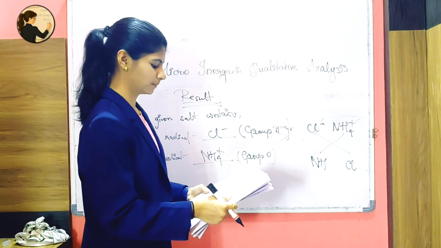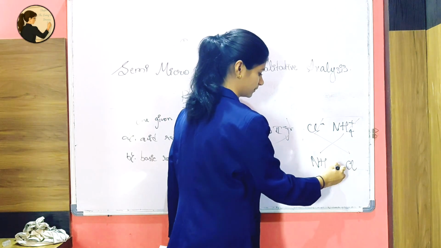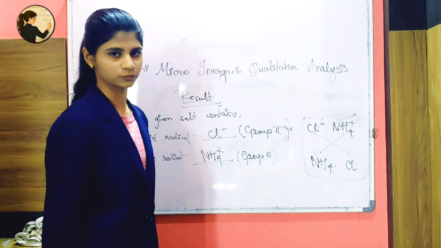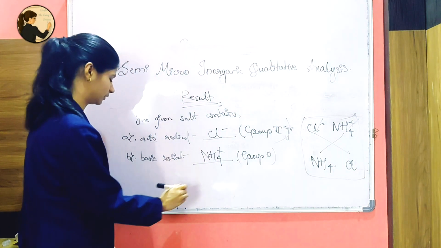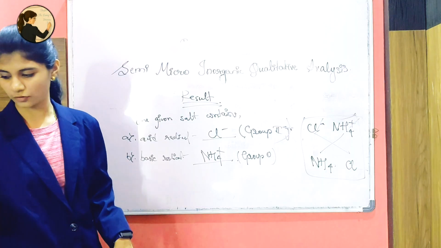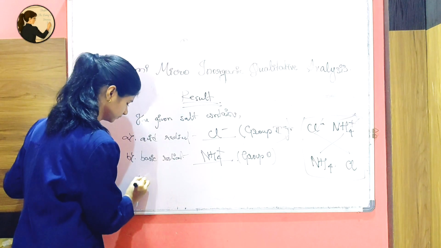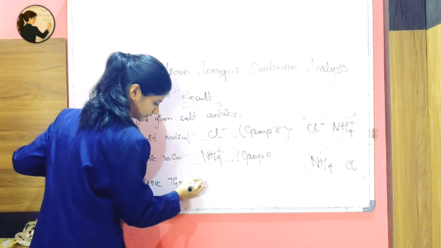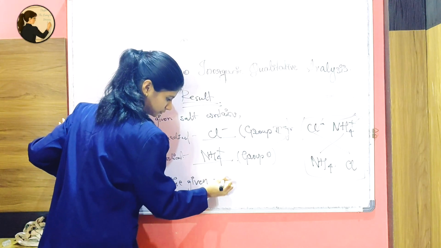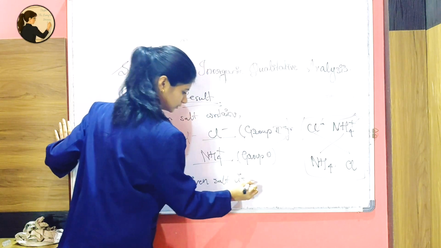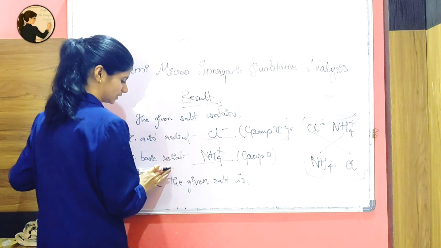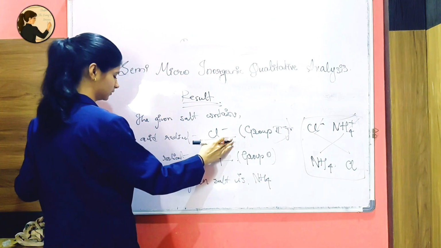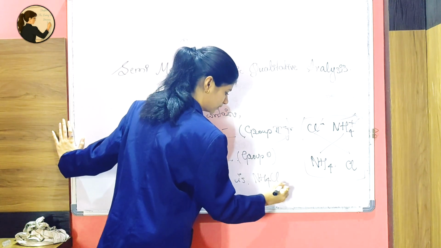Both are cancelled, and the 4 comes as it is. You should know this method. And the final result: hence the given salt is, first you write the basic radical NH4, then the acid radical Cl minus.